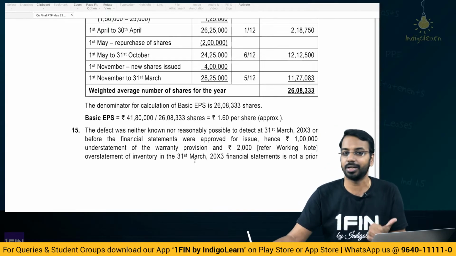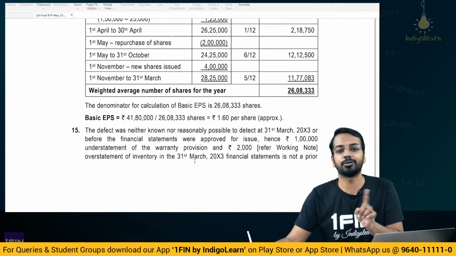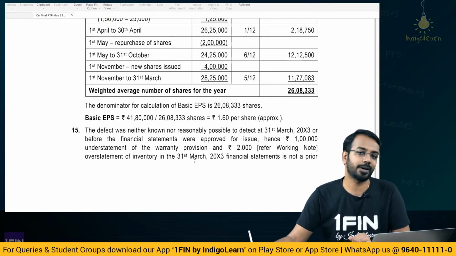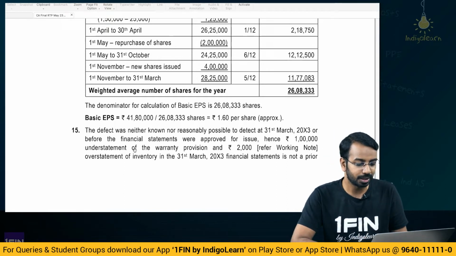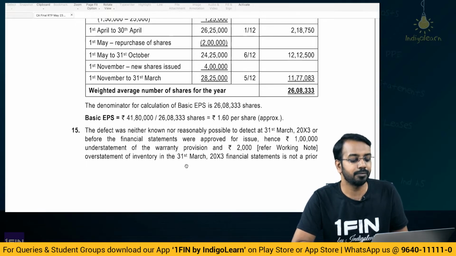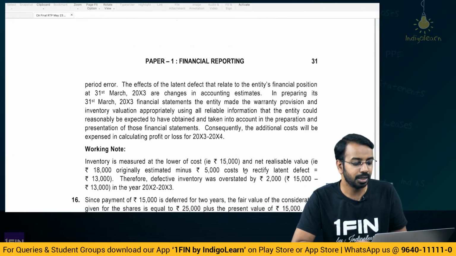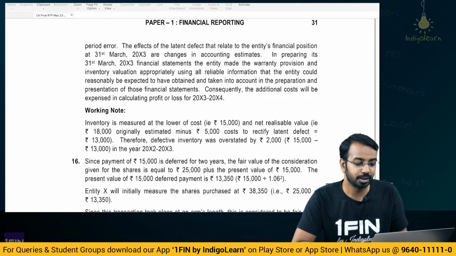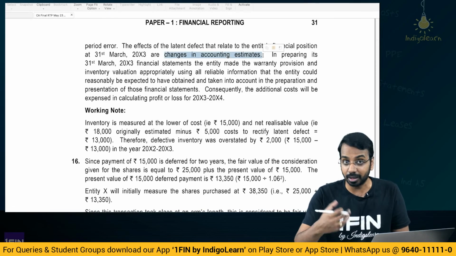Can I go back and change year 3 financials? I cannot change. I have to report this in year 3, year 4 financials only. So understatement of warranty provision and 2,000 overstatement of inventory in 31st March year 3 financial statement is not a prior period error. The effect of latent defect that relate to the entity's financial position at 31st March are changes in accounting estimates, because you have done certain estimates.